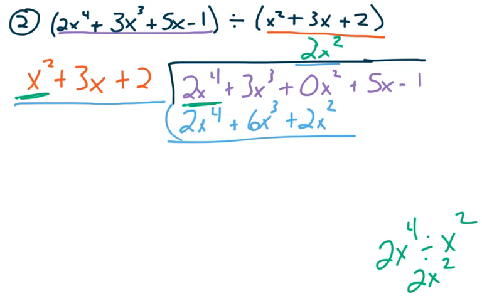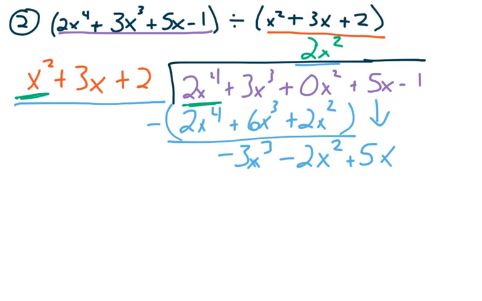And now I'm going to subtract. 2x to the fourth minus 2x to the fourth is 0. 3x to the third minus 6x to the third is negative 3x to the third power. 0x squared minus 2x squared is negative 2x squared. And then I'm going to bring down my next term, so this will be plus 5x. Could I bring down the minus 1? Sure, but I don't really need to at this point.